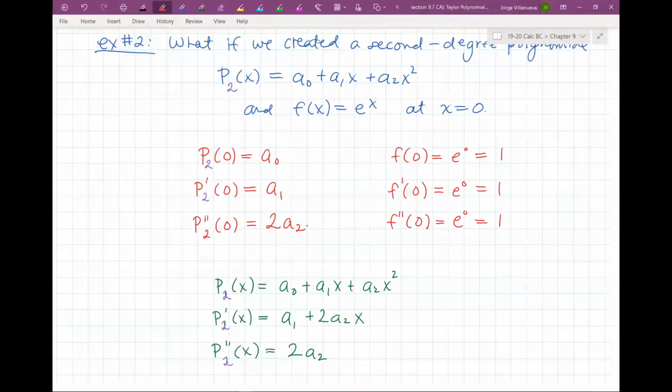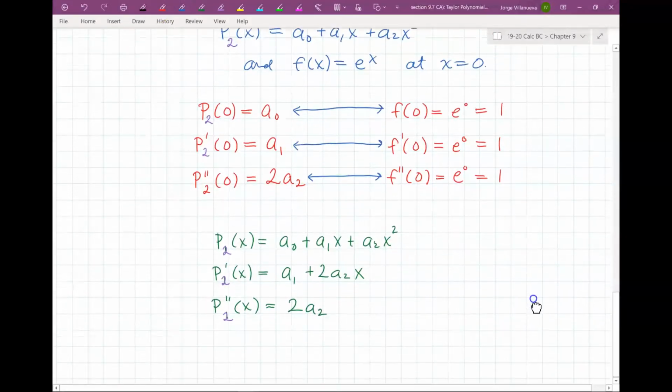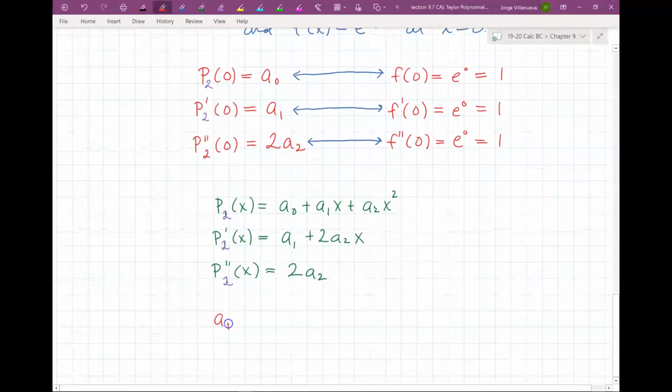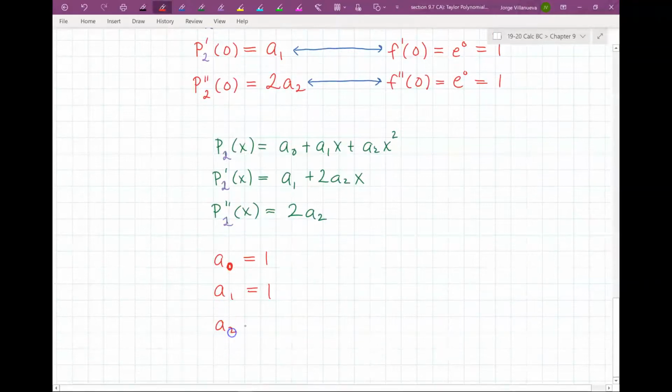Remember, the definition says that these must be set equal to each other, and these, and these, in order to solve. So a sub 0 is 1. A sub 1 is 1. What's a sub 2?